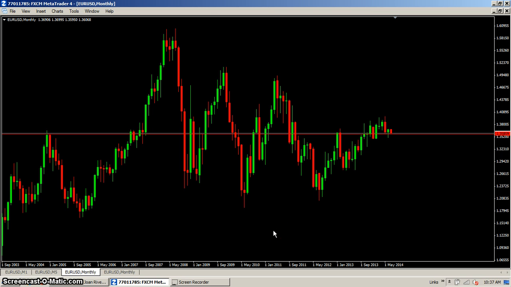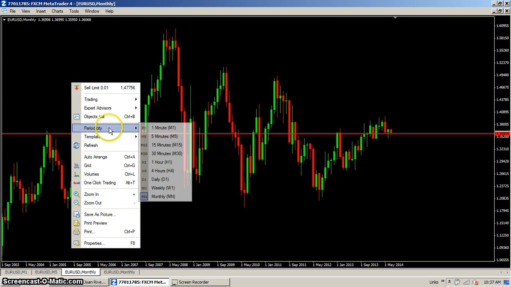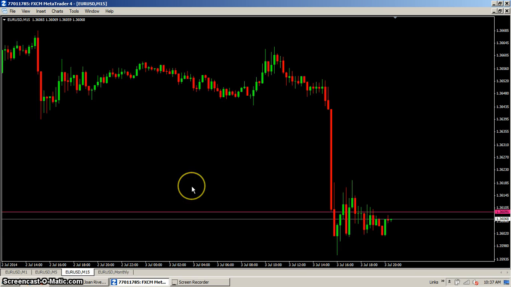So, with that being said, when you first open a chart, and let's just say you like to use 15-minute charts, you can look at the chart and instantly you can see what happened most recently. Most recently, it looks like we had a price turn and we're going up.